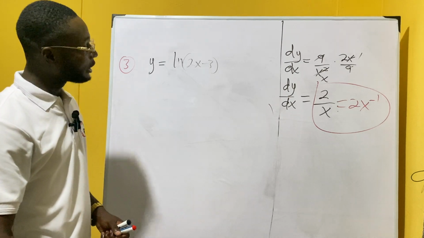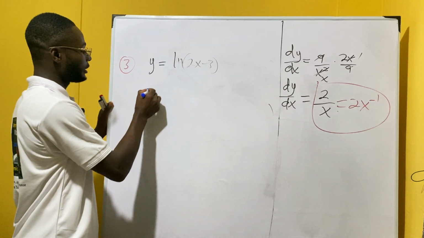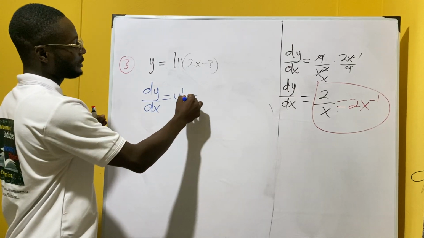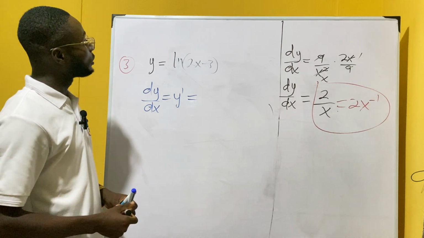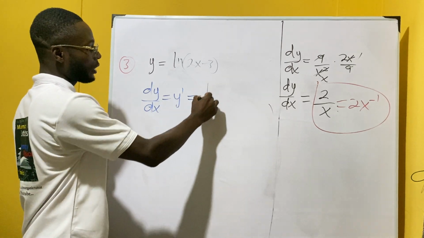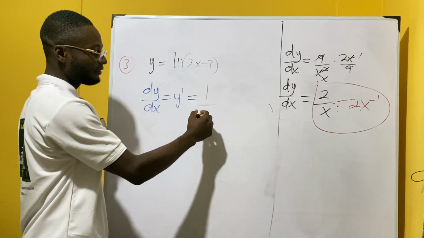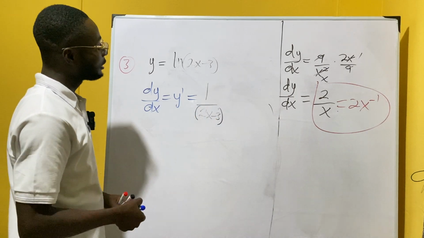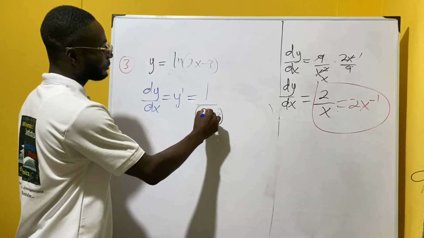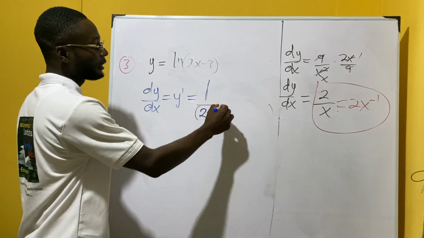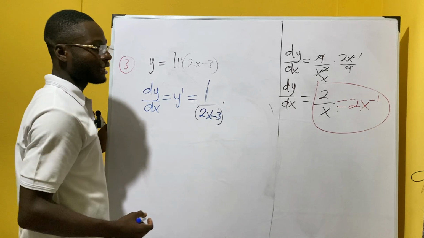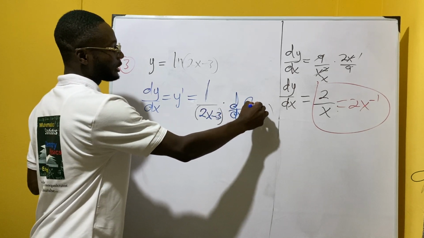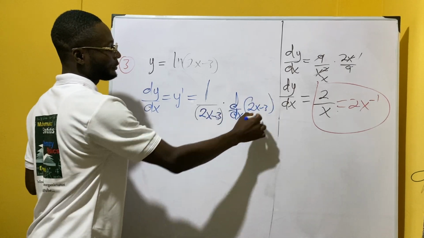So here we say that dy dx will be equal to 1 over the inner function, which is 2x minus 3, times the differential of the inner function, which is d over dx of 2x minus 3 here.